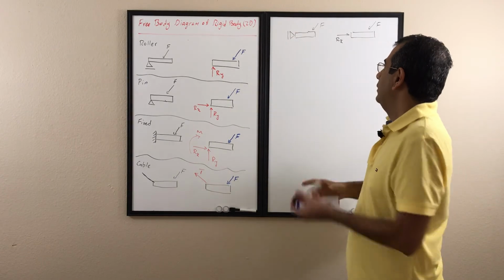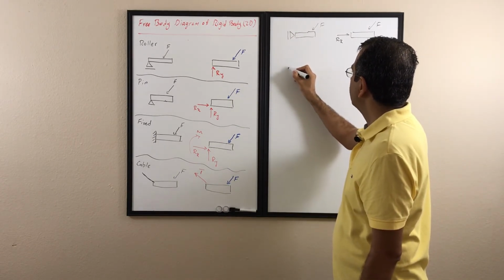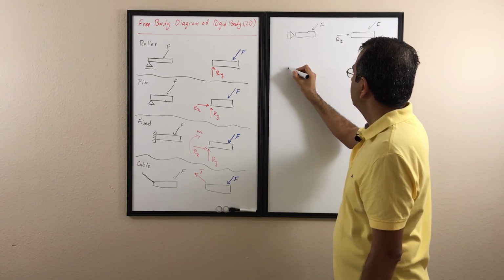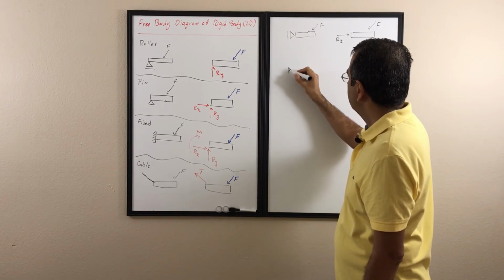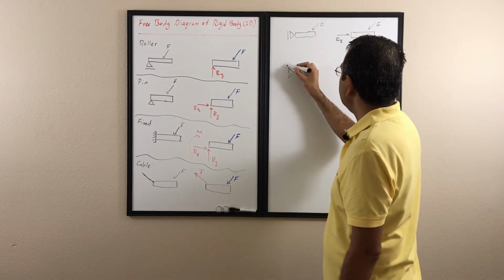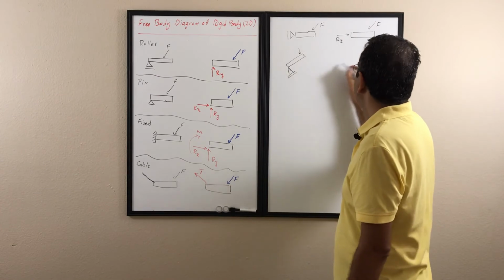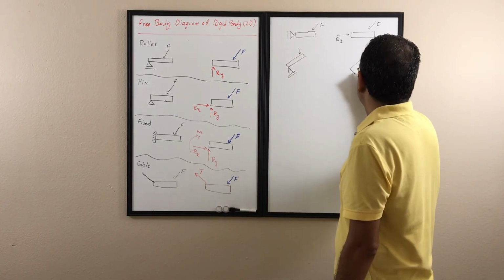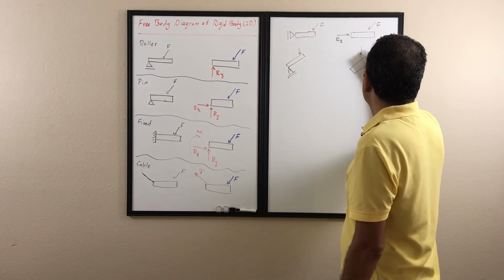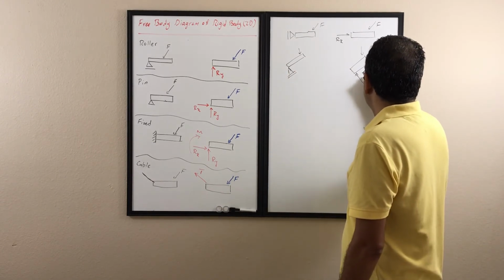So like here, if it sits like that, and I have an object connected to that like this, then the free body diagram is like that, with external forces, and then the R would be like that.